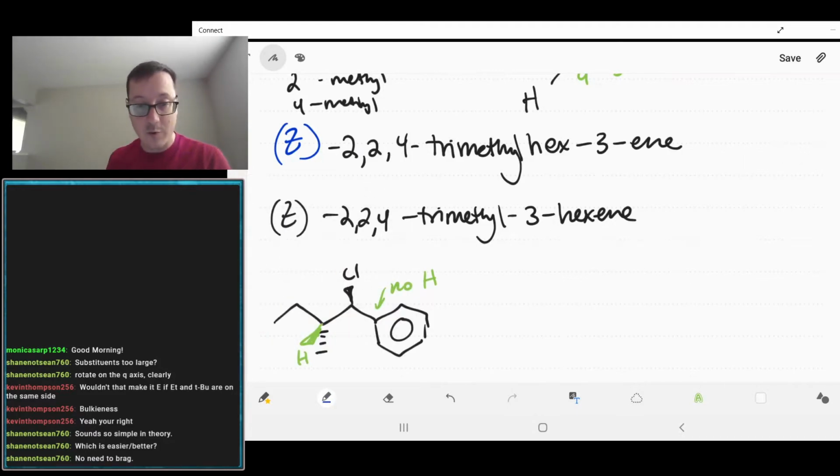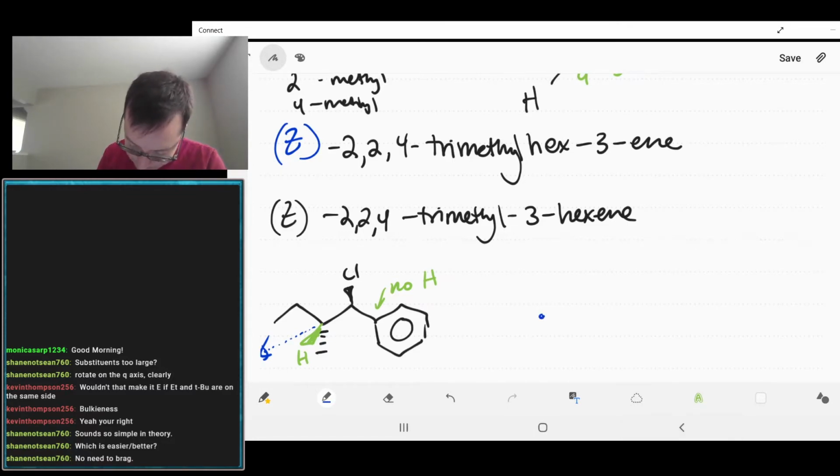The Newman you always want to draw between your leaving group carbon and your hydrogen carbon. It doesn't matter which one you put front carbon and back carbon. I just predominantly put front carbon on the left. You can do either one. So I'm going to look at it this way. I think that would make the most sense.